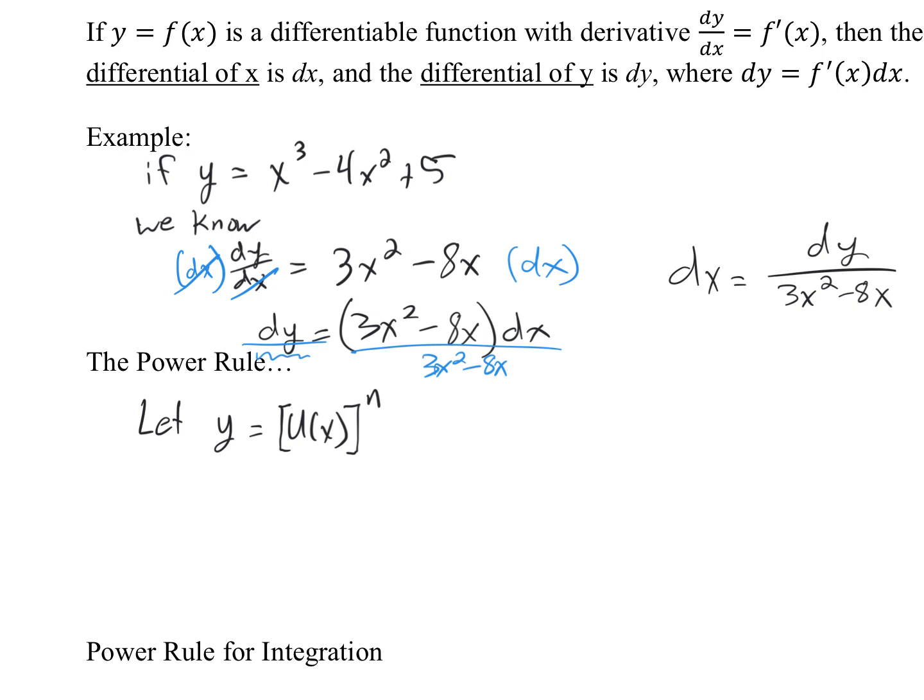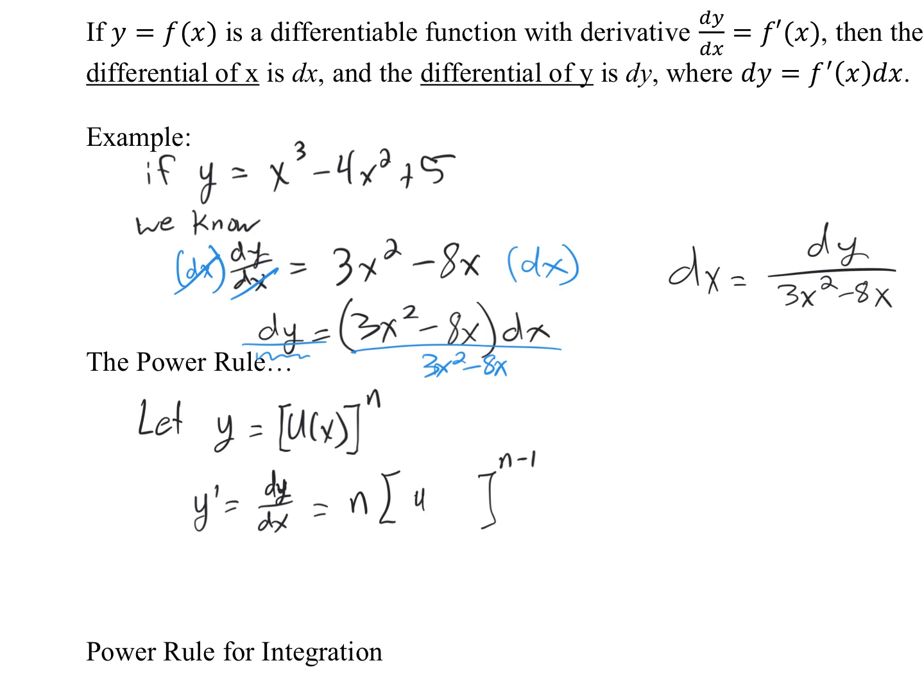What we start with is we suppose that y is equal to some function raised up to the n. Now, if this was true, we would know how to take its derivative using the chain rule. So we would know that y prime, which is the same thing as dy/dx, would be equal to n times the function raised up to the n minus 1.